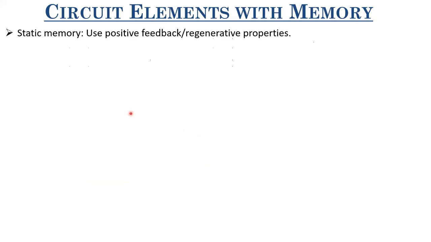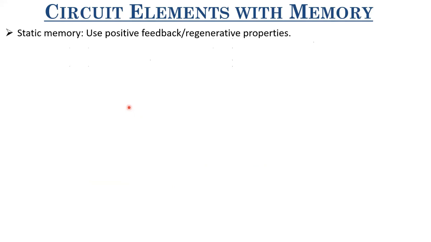Let us discuss circuit elements which show this kind of memory behavior, or which can store the system state. There are two kinds of circuit elements, depending upon their nature. One of them is static memory. Similar to combinational circuit design, where you had static CMOS design and dynamic design, even with memories or registers we have two kinds of design.